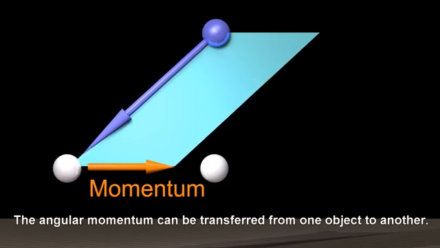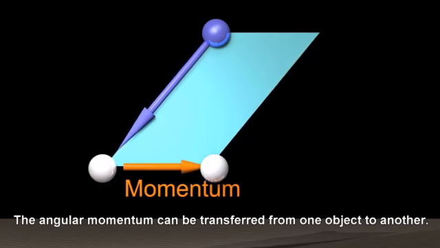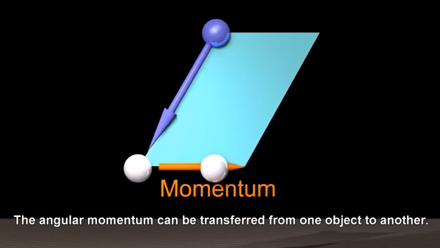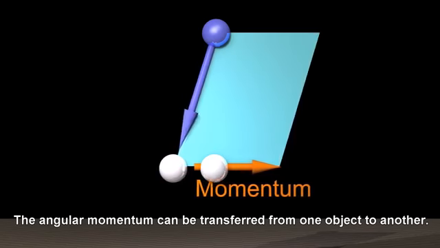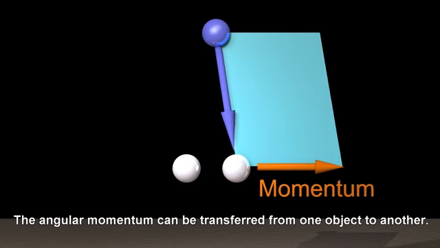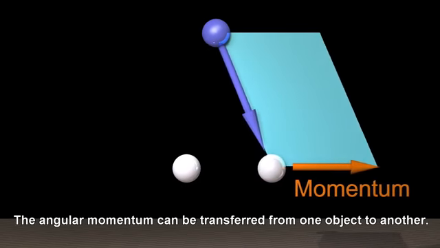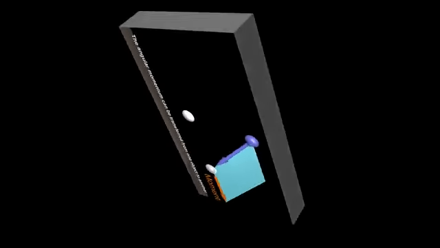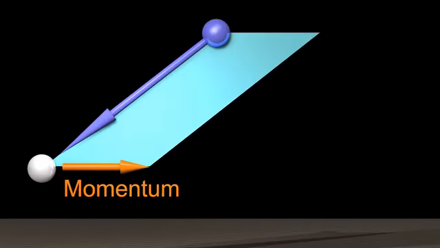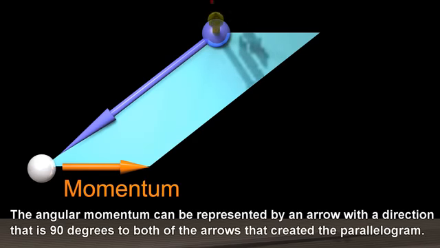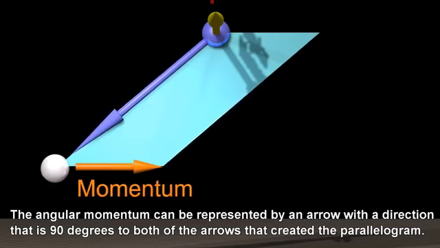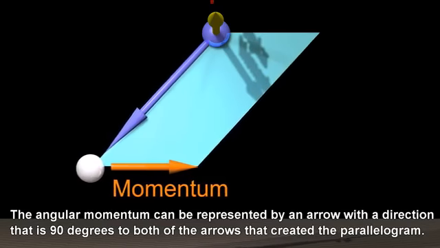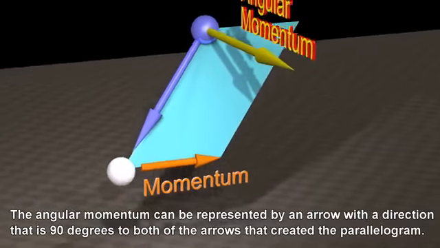The angular momentum can be transferred from one object to another. The angular momentum can be represented by an arrow with a direction that is 90 degrees to both of the arrows that created the parallelogram.